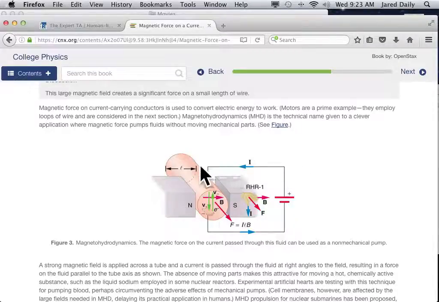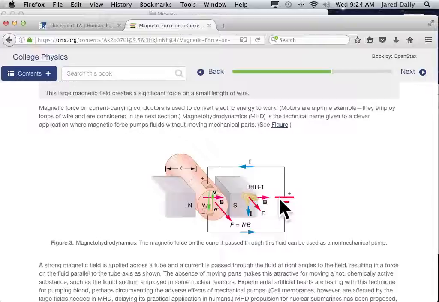But magnetohydrodynamics is the idea of using these magnetic forces to pump a fluid, to create fluid flow. So it's called a magnetohydrodynamic pump. The idea is that you can move a fluid without any moving parts, without any mechanical parts. This has great advantages in many situations.